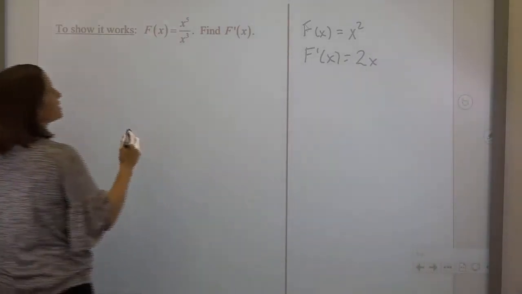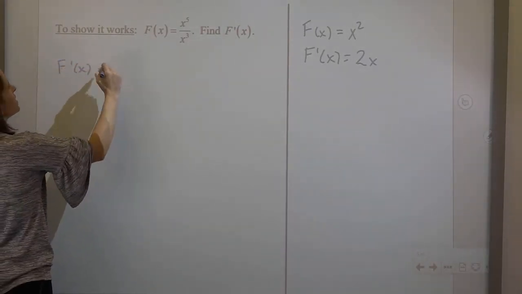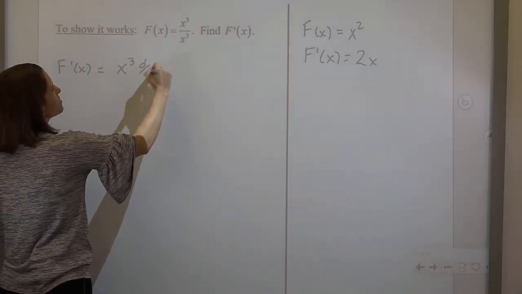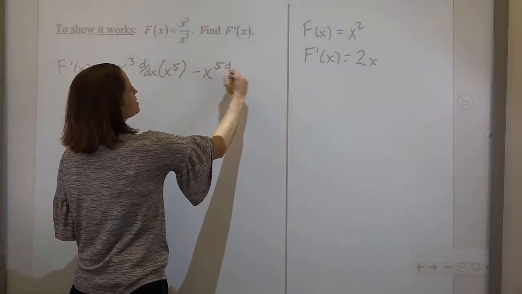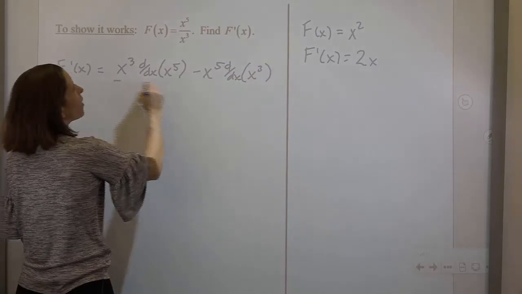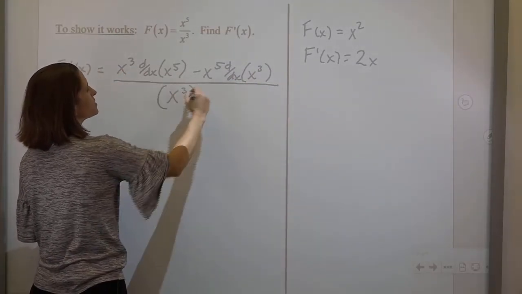So what is that crazy quotient rule? That quotient rule says the bottom times the derivative of the top minus the top times the derivative of the bottom all over the bottom squared.